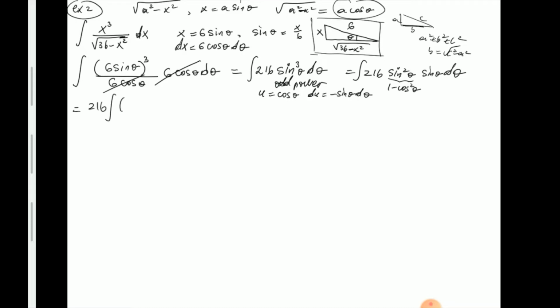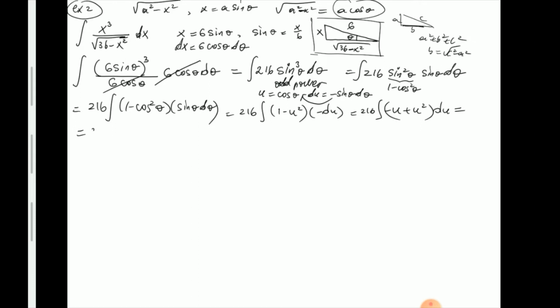So that's going to be 1 minus cosine squared theta sine of theta d theta. Move the minus over here, so in terms of u, this is 1 minus u squared. Sine theta d theta is minus du.